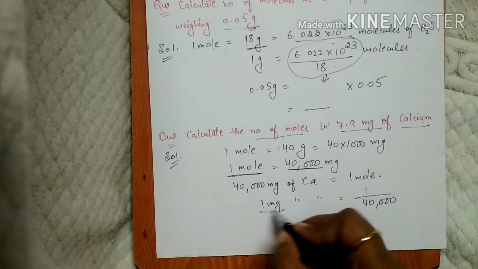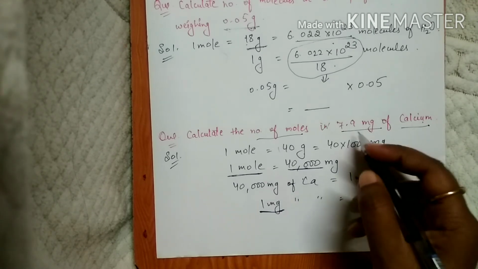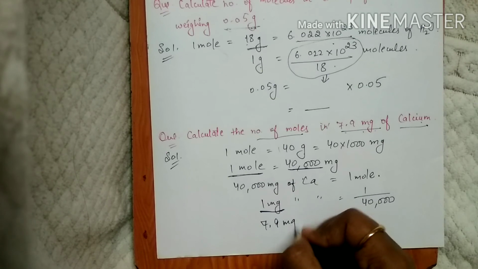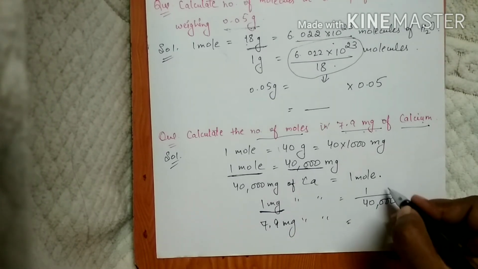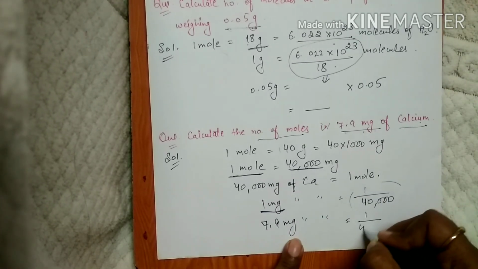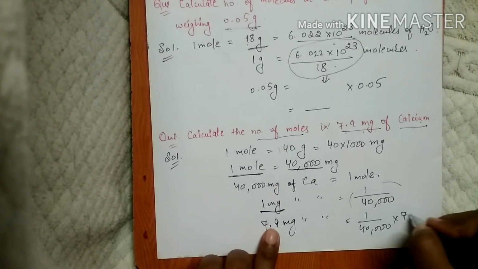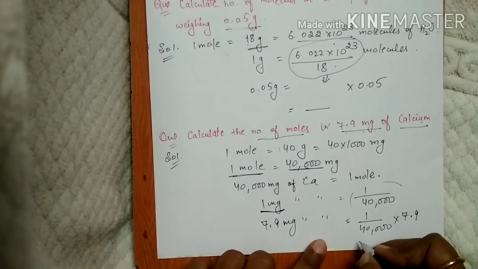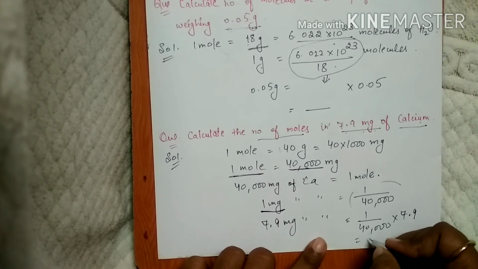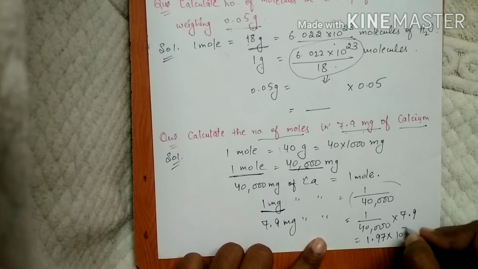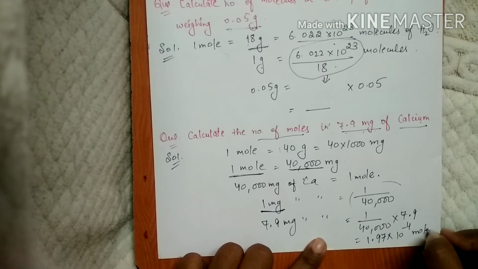But we do not want for 1 milligram, we want for 7.9 milligram. So for 7.9 milligram of calcium, just take that above value 1 upon 40,000 and multiply that by whatever amount you require. After solving this, you will get 1.97 into 10 raised to power minus 4 mole.